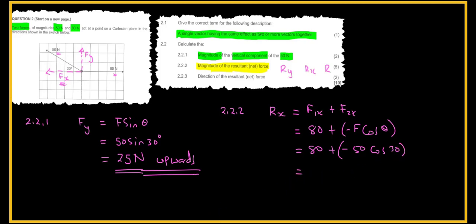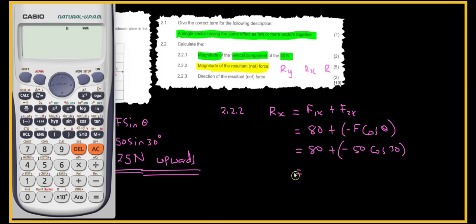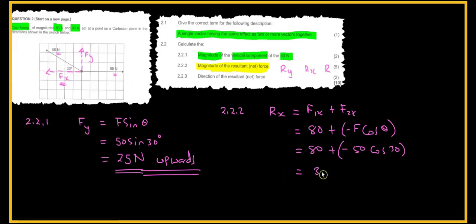Let me say 80 plus negative 50 cos 30. All right, I get 36.7. So that's 36.7 newtons. That's just my Rx. So it's obviously to the right since it's positive.